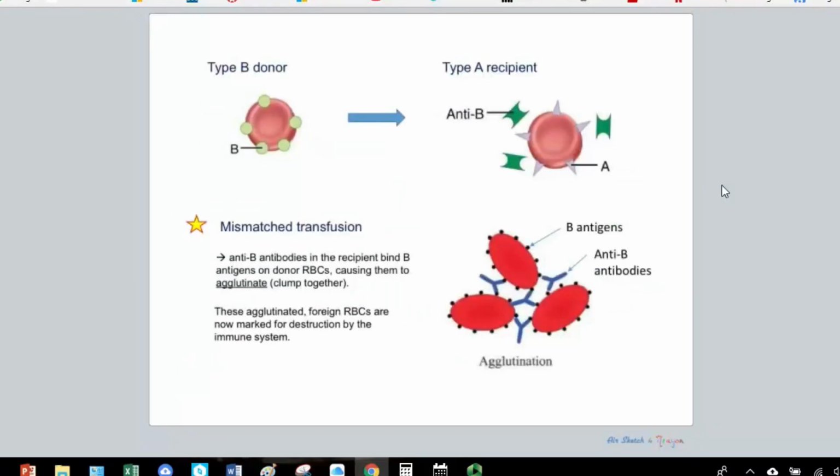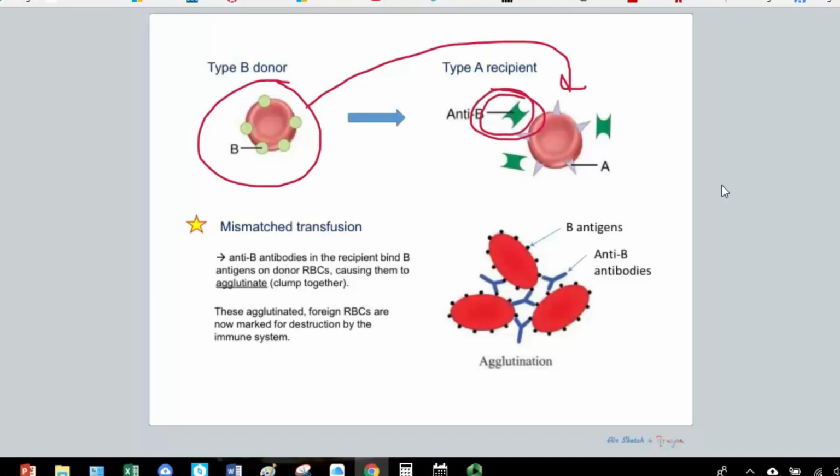And that's what this is showing right here. If we have a type B donor, you give that blood to a type A recipient, then these anti-B antibodies are going to recognize these antigens. And what that does is it causes something called an agglutination reaction. Basically what's happening is these antibodies are taking these red blood cells and they're clumping them up together.